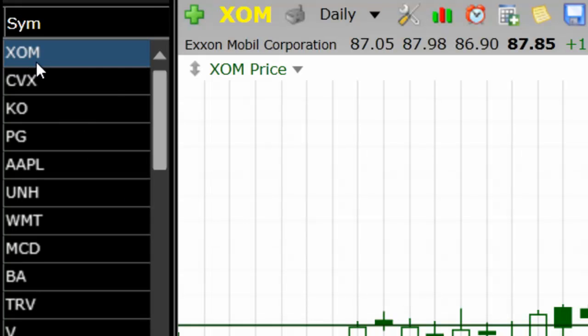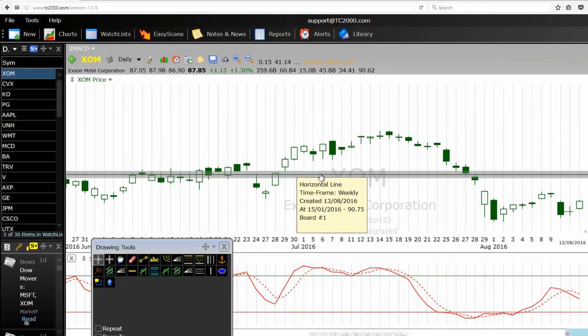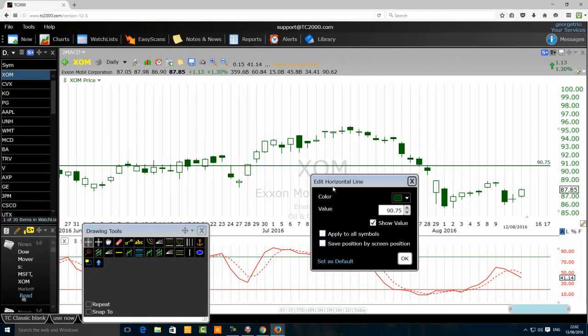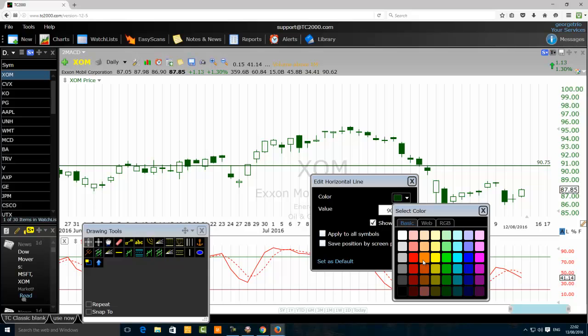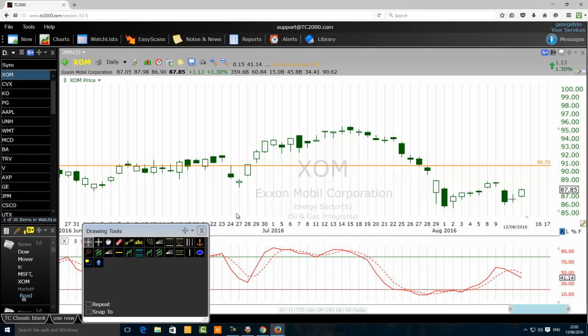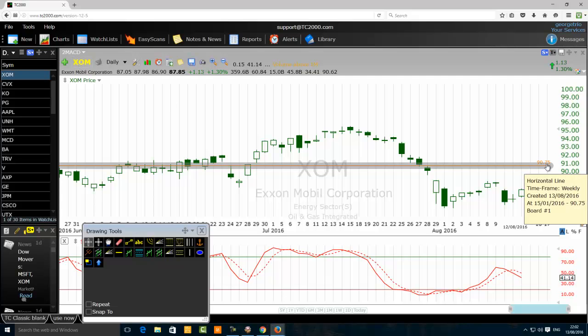We are looking at the ExxonMobil stock, which is one of the components of the Dow Jones Index. The short-term equilibrium price level, or short-term fair value, for the ExxonMobil stock is at 9075.